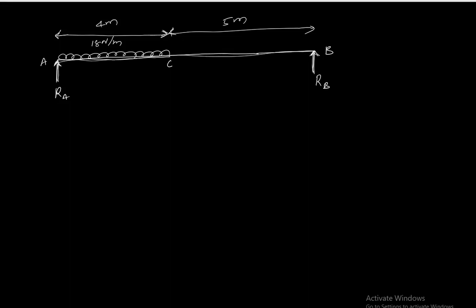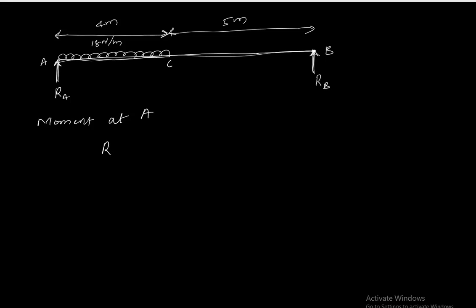To find any reaction, we need to take the moment about one of the points. You can either pick A or B. So let's say moment about A. The sum of all the moments should be 0. Okay, so this is what we'll do.